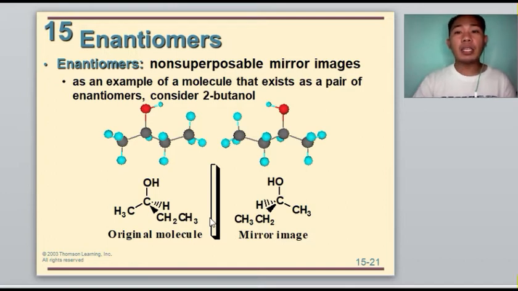They are different molecules. Again, if the images are superposable, then they are the same molecule. But if the images are non-superposable, no matter what, they are different molecules.